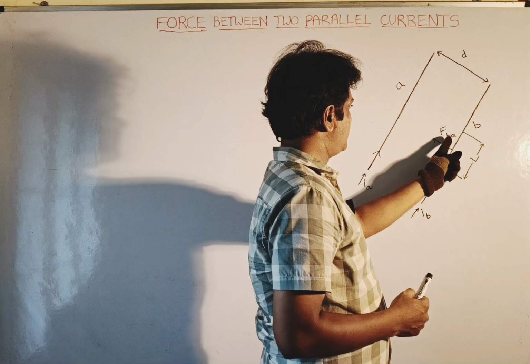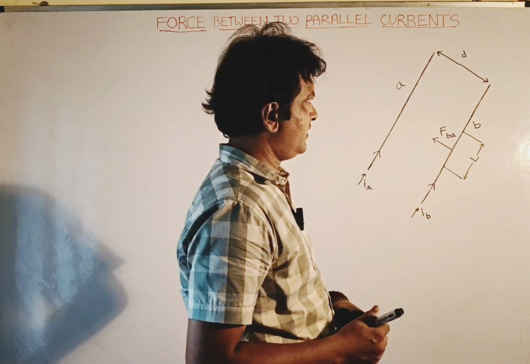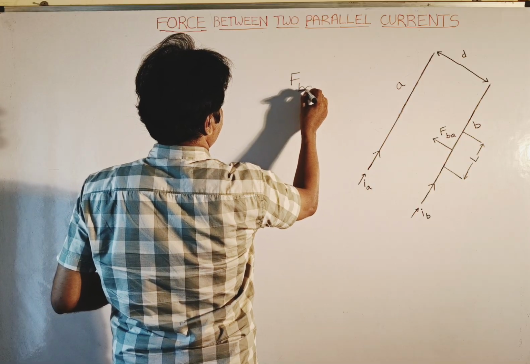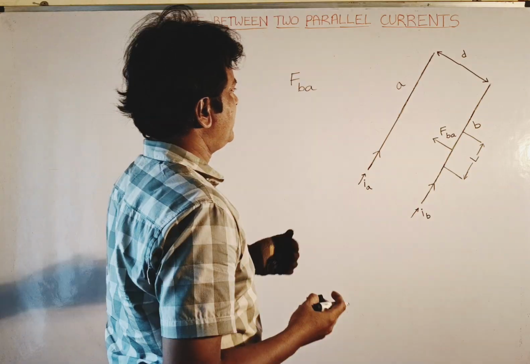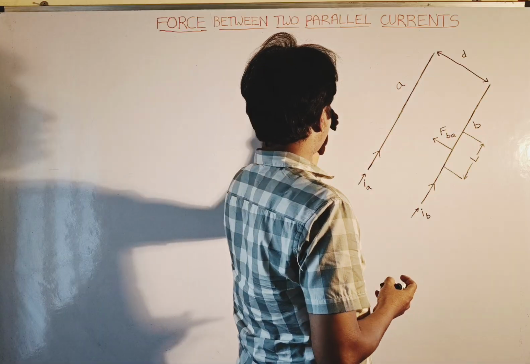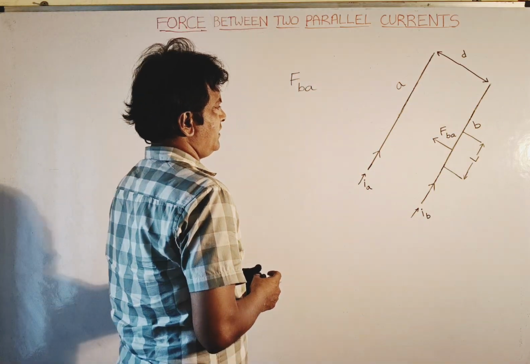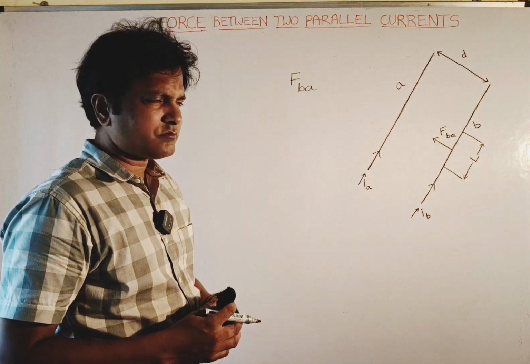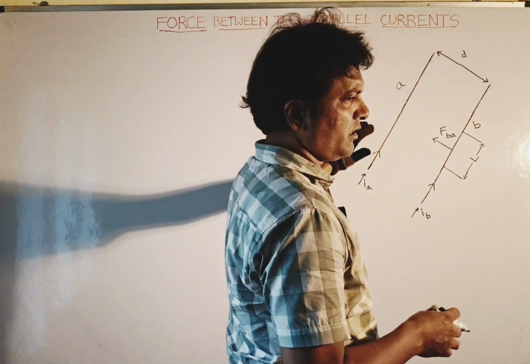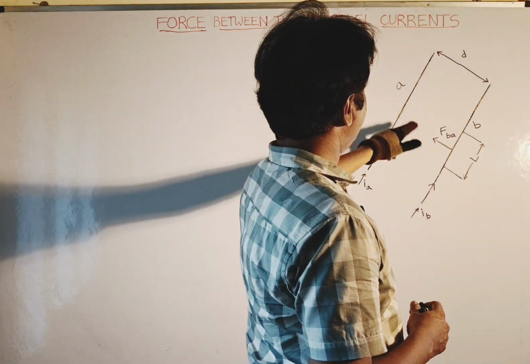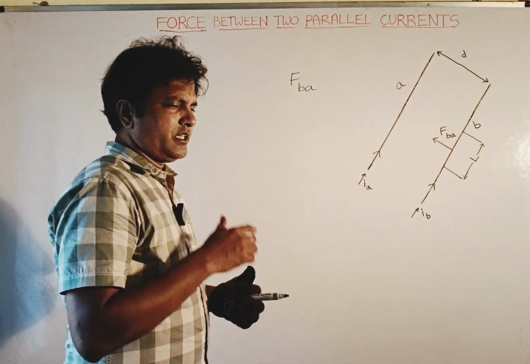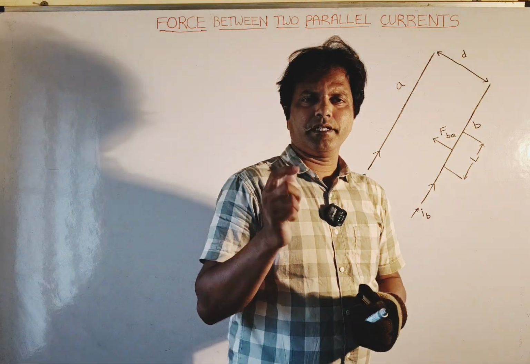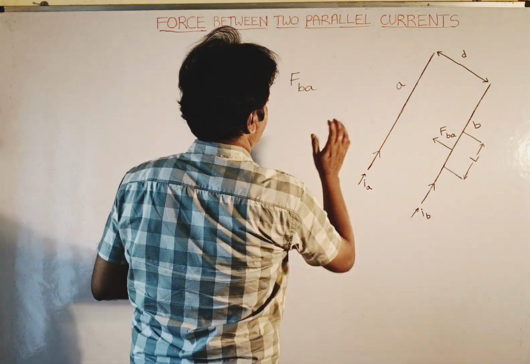Force on B due to the conductor A, that is written as force on conductor B due to the magnetic field generated by the conductor A, that is written as FBA. So how to get the magnetic field according to Biot-Savart law? We know that the generation of magnetic field around this conductor, and we actually take the Ampere circuital law to finalize the magnetic field because of this conductor.